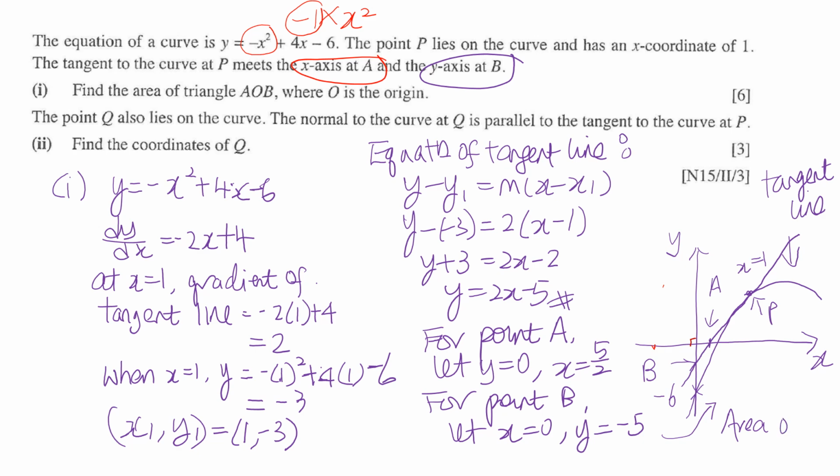So area of triangle AOB will be half times 5/2 times 6, and that gives you 15/2 unit square.